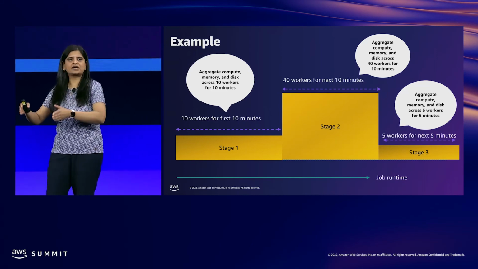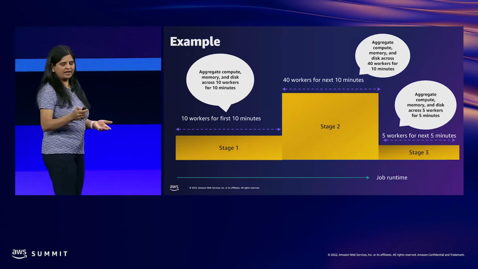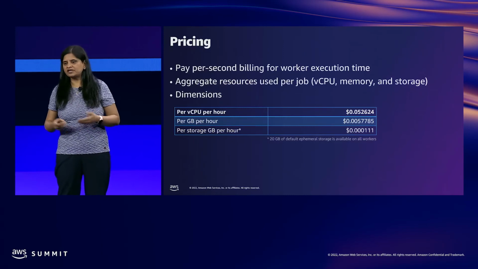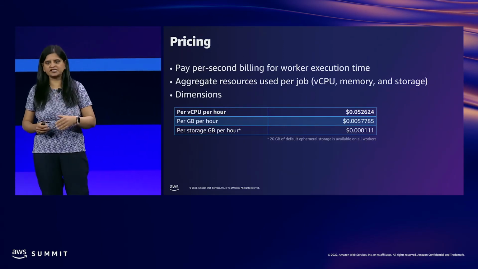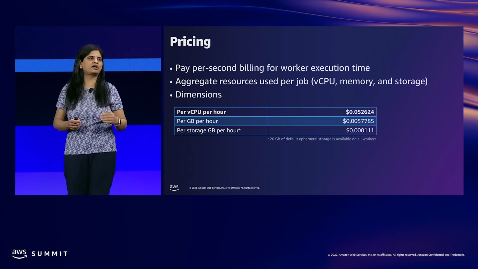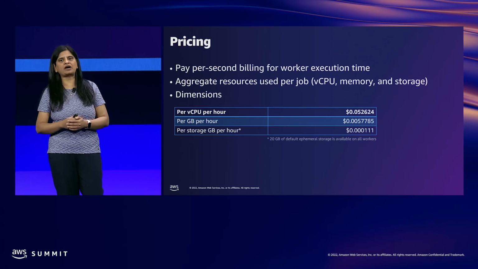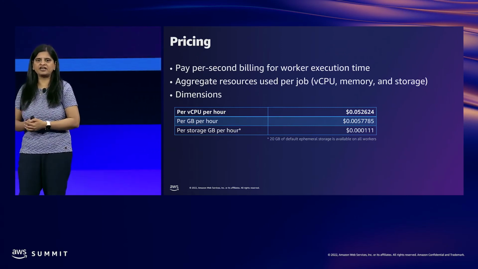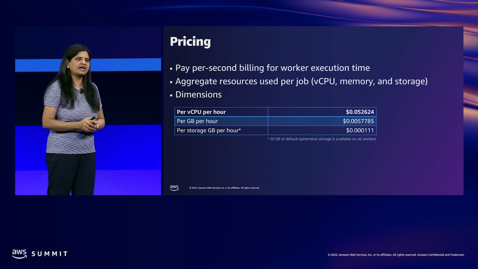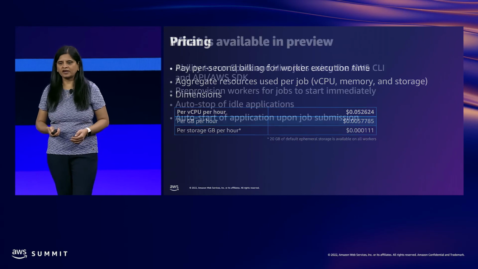And we do this across all the stages, and that is the cost that you will incur at the end of running that job. So the pricing is simpler. It's along 3 dimensions: your vCPU hour, the amount of memory that you have consumed, and the total storage per hour. 20 GB of ephemeral storage is available for you for free. Anything beyond that is what you will incur the cost for.